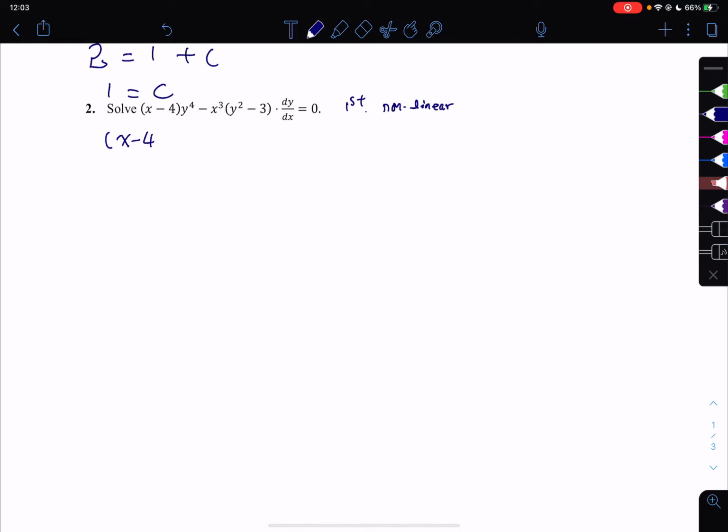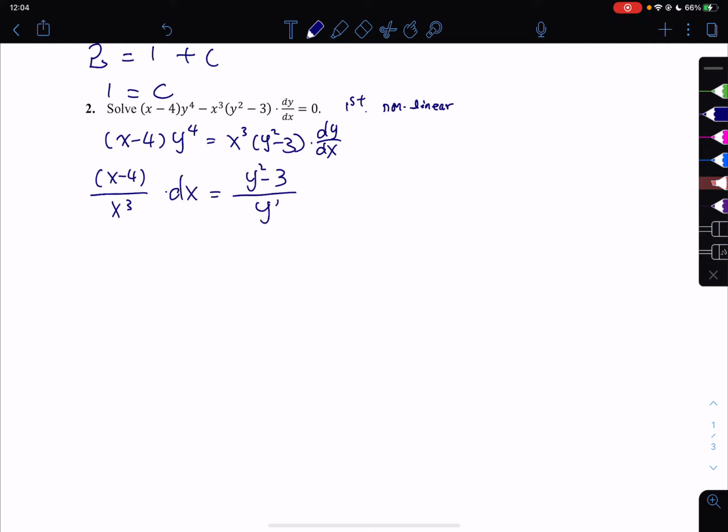So we have (x minus 4y to the fourth) equals x cubed (y squared minus 3) dy/dx. So we want to shuffle things around to separate the variables. So we have (x minus 4) divided by x cubed dx equals (y squared minus 3) over y to the fourth dy, with the concern that y to the fourth could potentially be 0, so that's another potential solution.